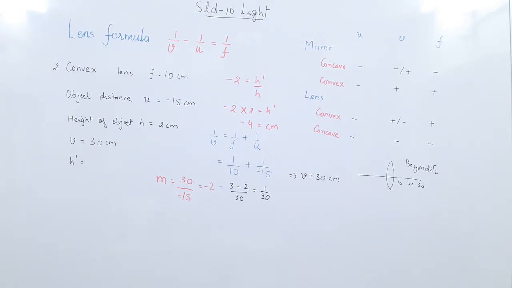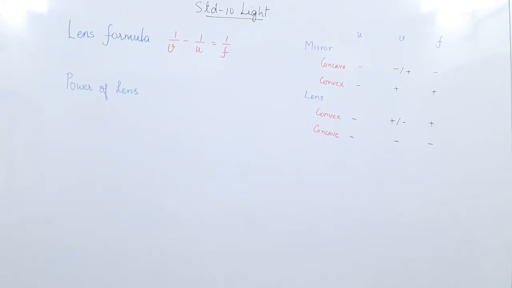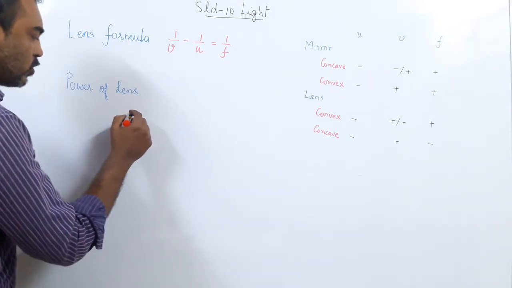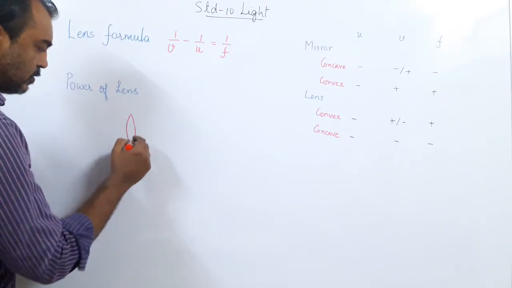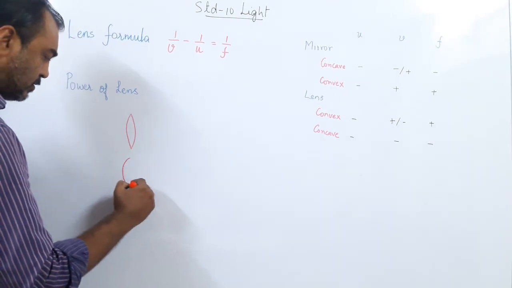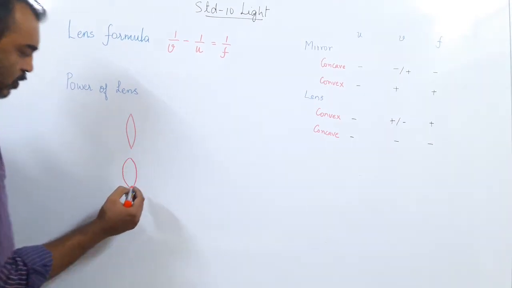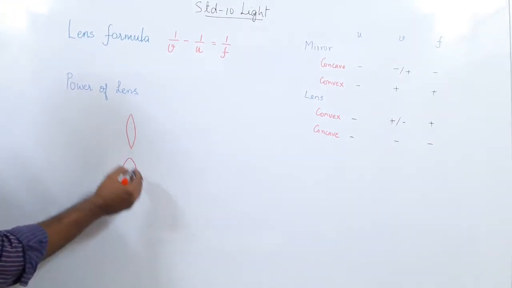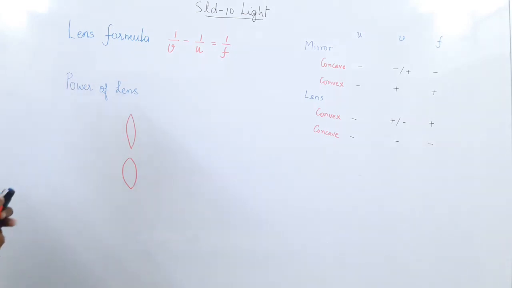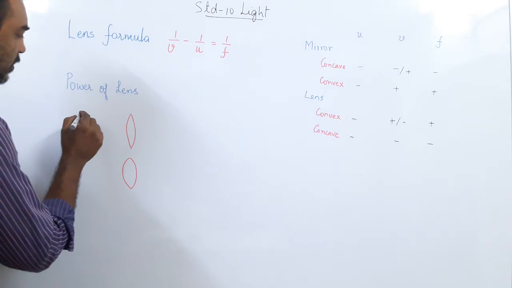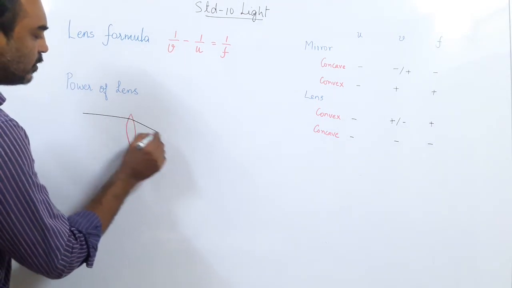Now the next topic is power of the lens. Okay, now we see what is the power of a lens. Suppose I have got a convex lens and another convex lens. What do you observe here? This lens is thicker and this lens is thinner. Now, what does a lens do when light falls on it?